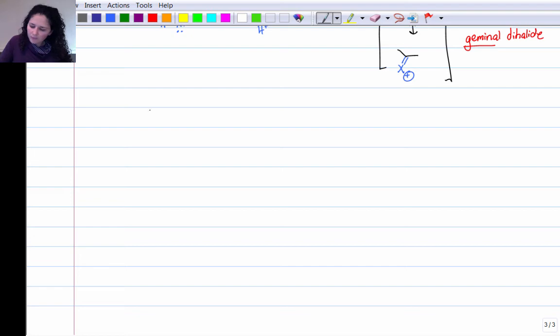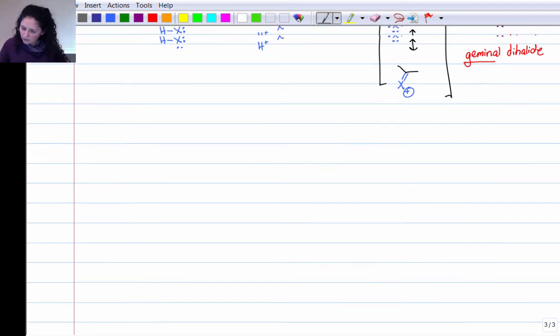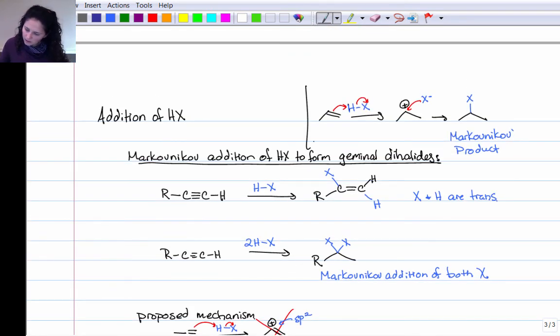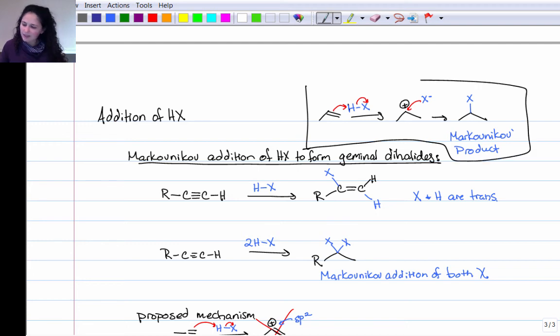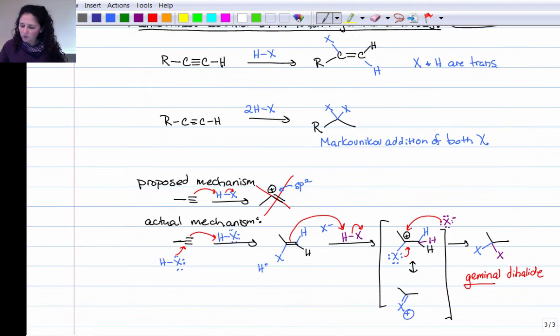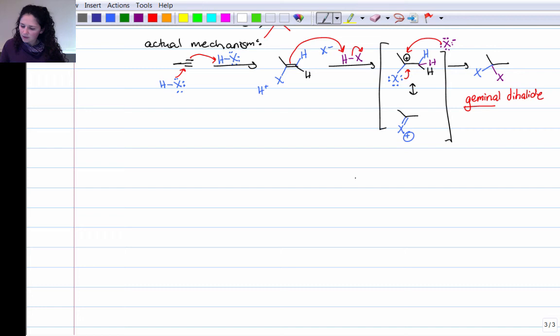And recall, we saw that there was this way for alkenes before, and we also know for alkenes you can add HBr in an anti-Markovnikov fashion if you add hydrogen peroxide.